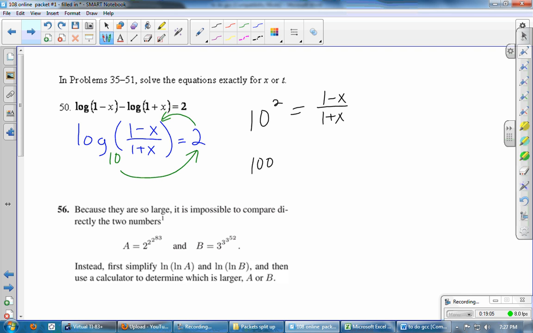There's 100 there. We're going to multiply both sides by 1 plus x. Distribute the 100. Add x to both sides. This becomes 101x. Subtract the 100 from both sides.